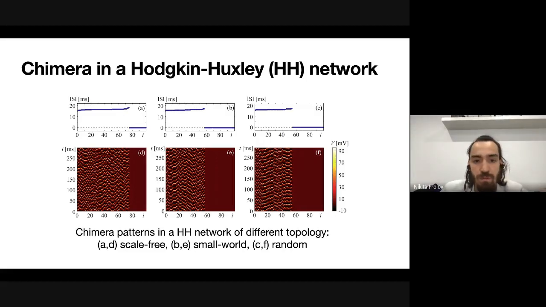So we can see that for each network topology, we can excite such chimera-like behavior, which consists in the coexistence of a cluster of spiking elements and a cluster of silent network elements, which emerge under their interaction.